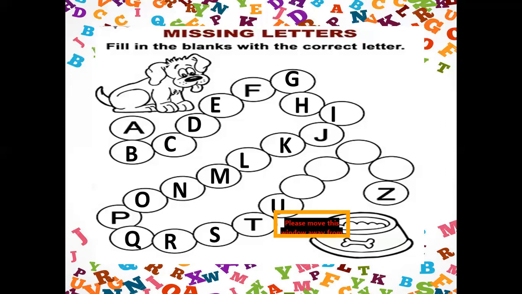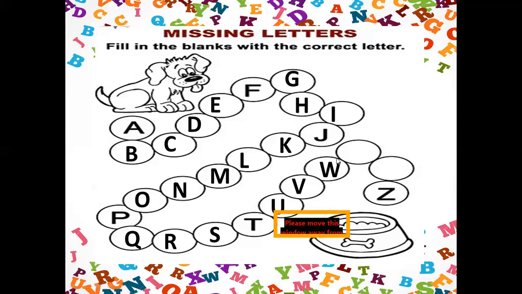It is V. The next letter after U is V. But what will come after V? The next letter after V is W. S, T, U, V, W.